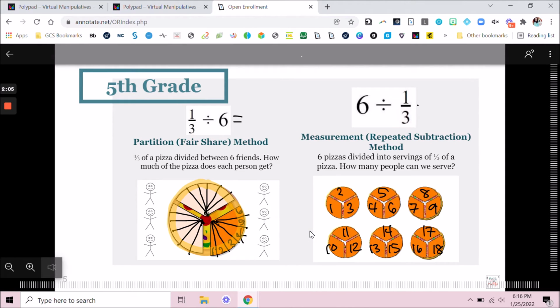Then in 5th grade, students start to work with division of fractions. They specifically work with what we call a unit fraction, which is where the numerator is 1. Notice that these problems are opposites of each other. In the first situation, I've got 1/3 of a pizza left, and I'm going to divide that amongst my 6 friends.